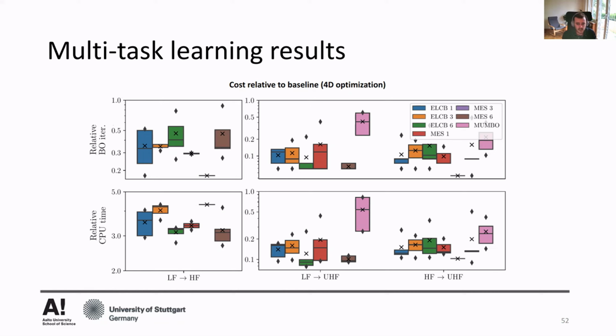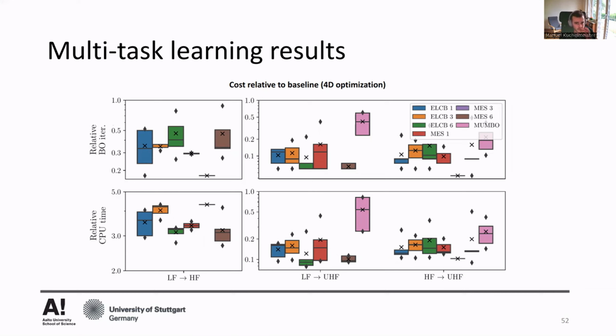And very interestingly, this time both the low fidelity and the high fidelity are comparable in how much savings they enable. So in 4-dimensional optimization, the situation was different than in the 2-dimensional scenario, because here, as I said before, if we had high fidelity as our target fidelity level, then we saw an increase in the CPU time again.